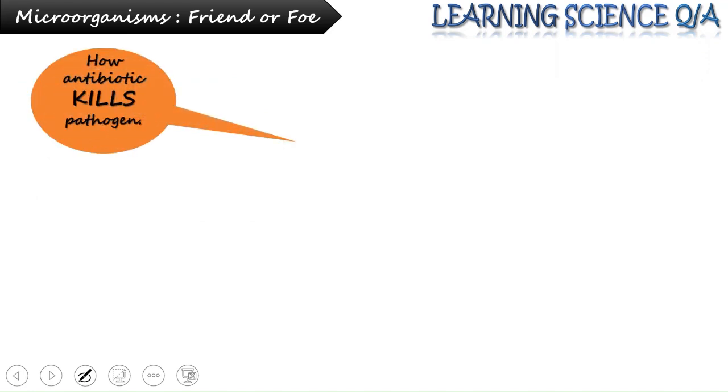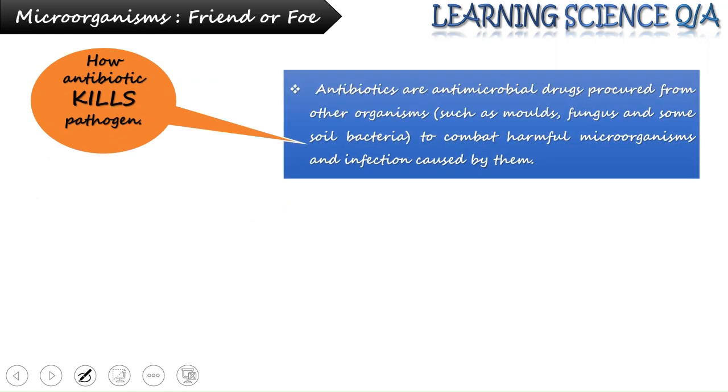Now coming to how antibiotics kill pathogens. Antibiotics are basically antimicrobial drugs which are procured from microorganisms. These microorganisms can be molds, fungi, and even some bacteria.